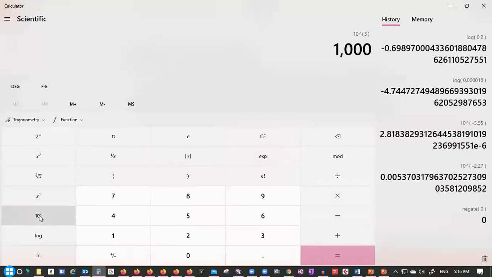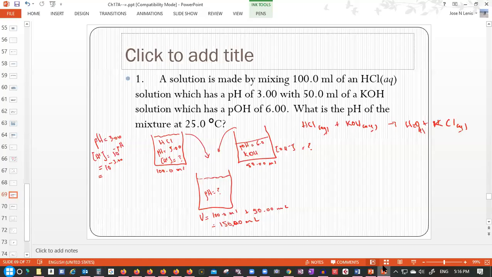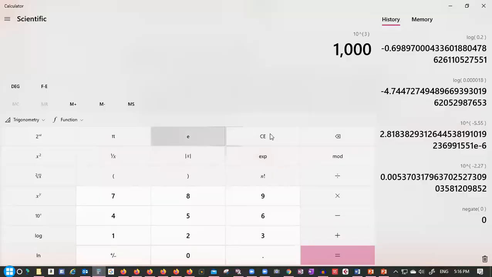Do I have something wrong? Probably I'm not using this. What is the pH? Oh, pH 3. Oh, okay. Yeah, you see, I missed something there, and that's why we get the crazy number.